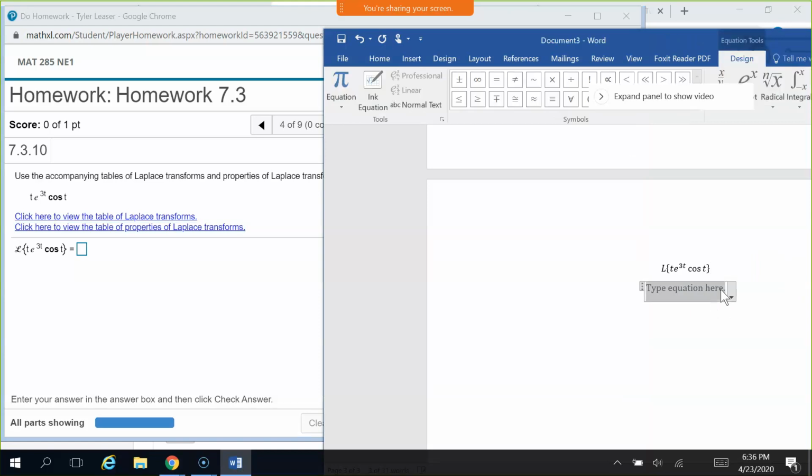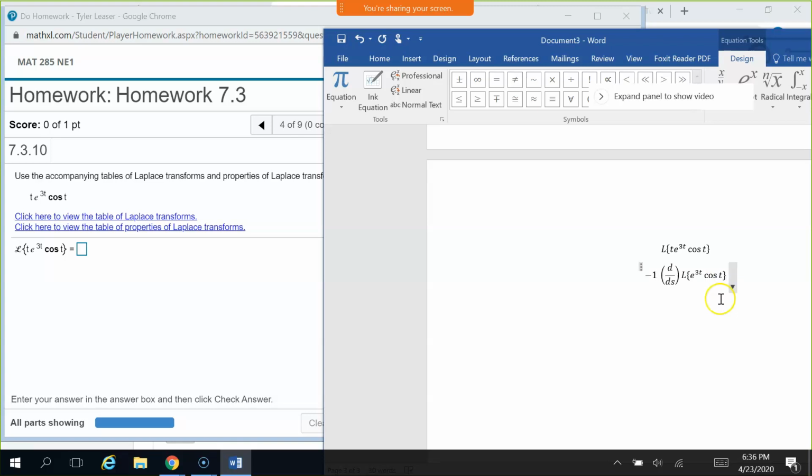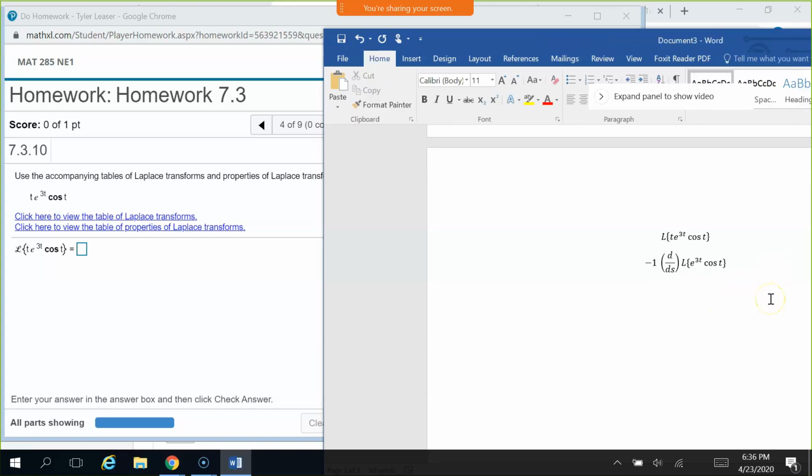This is the same thing as -1, the derivative d/ds of the Laplace transform of just e to the 3t cosine t. So if you have a t inside the Laplace transform, then you could rewrite it as -1 times the derivative of the Laplace transform without the t.